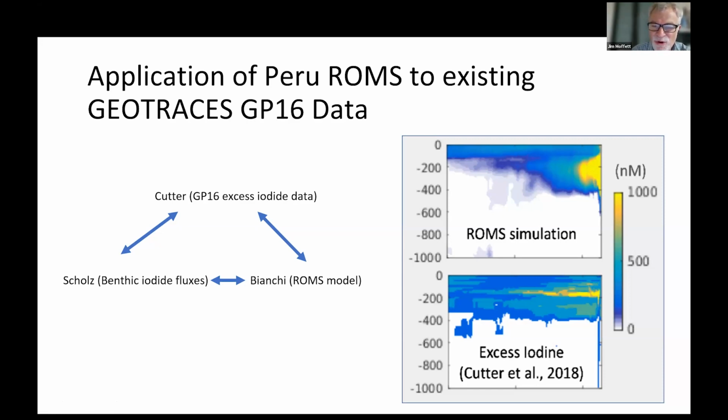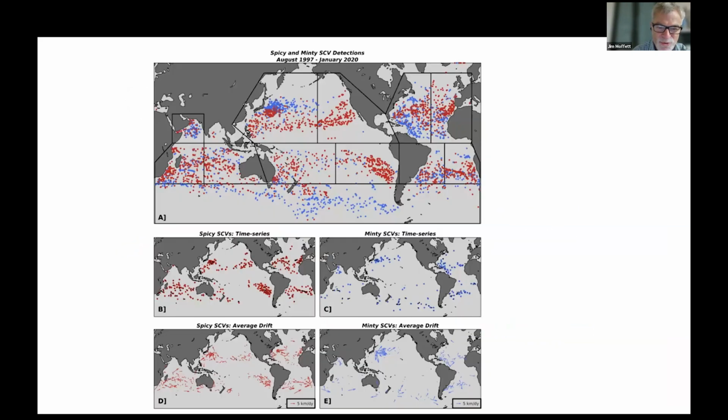But I would argue that moving forward, and something I'd like to engage this group on, is that we really need to engage ROMS modelers like Daniele from the inception of these projects in terms of guiding our future work. And this is important for a number of reasons, but largely because we need their insight into sampling strategies.